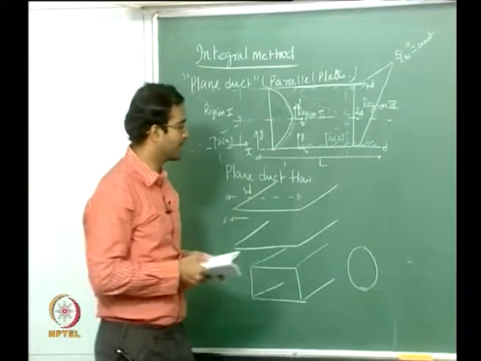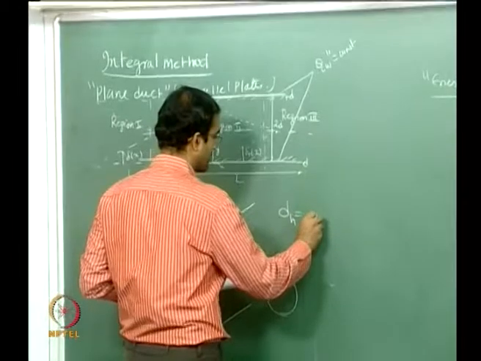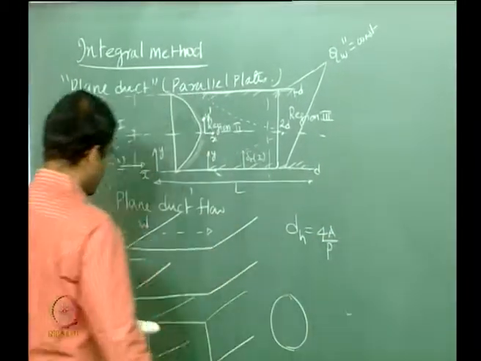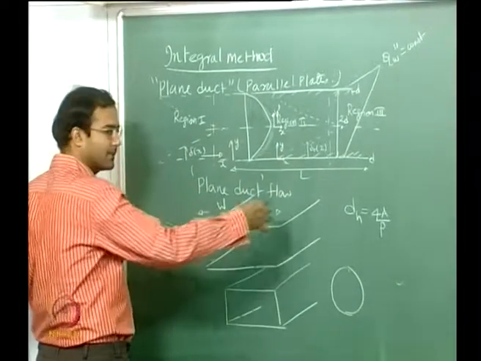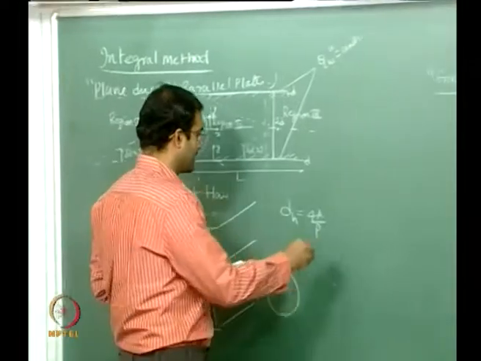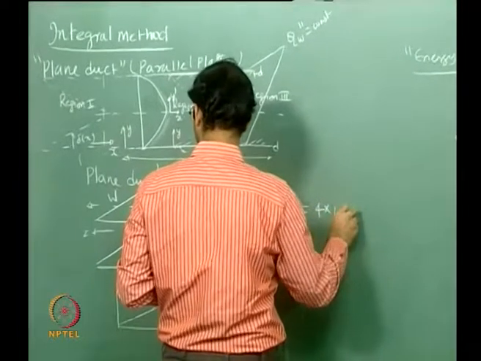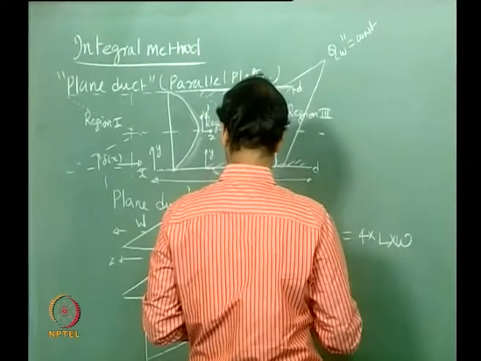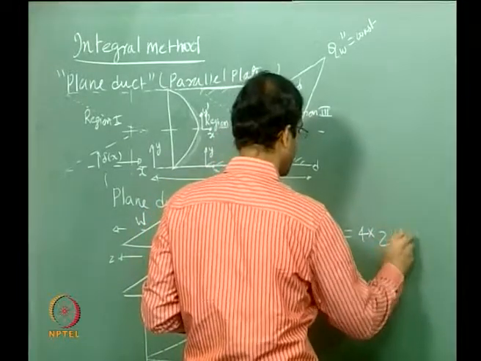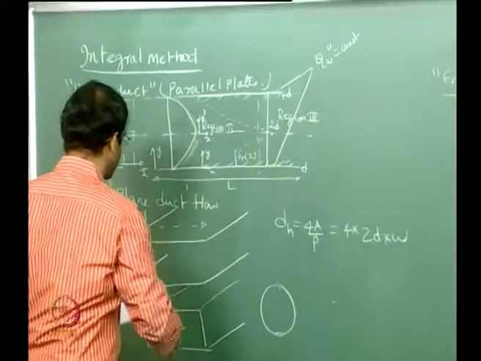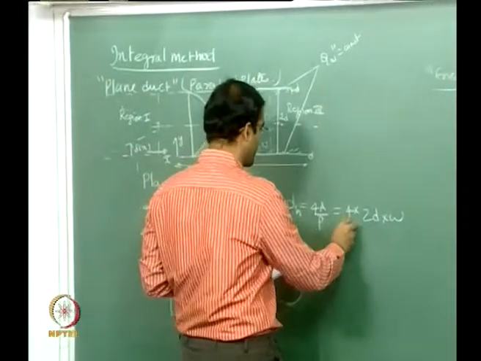We will use the definition of hydraulic diameter, which is 4A by P. If you imagine the plane duct width is very long in the z direction, that is 4 times L times W, in this case 2d into W, where 2d is this spacing, and W is in the z direction, divided by the perimeter.